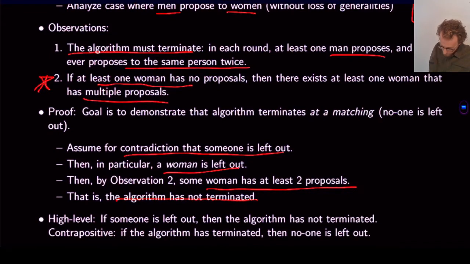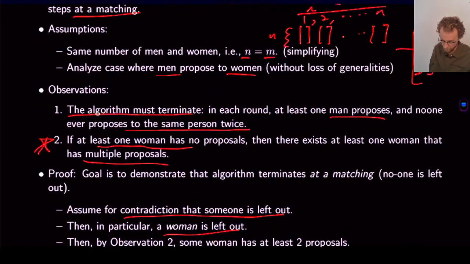And you could also think of this in terms of a contrapositive argument. We just showed that if someone is unmatched, then the algorithm has not terminated. And what's the contrapositive of that? Well, it's that if the algorithm has terminated, then no one is left out. So what do we have?